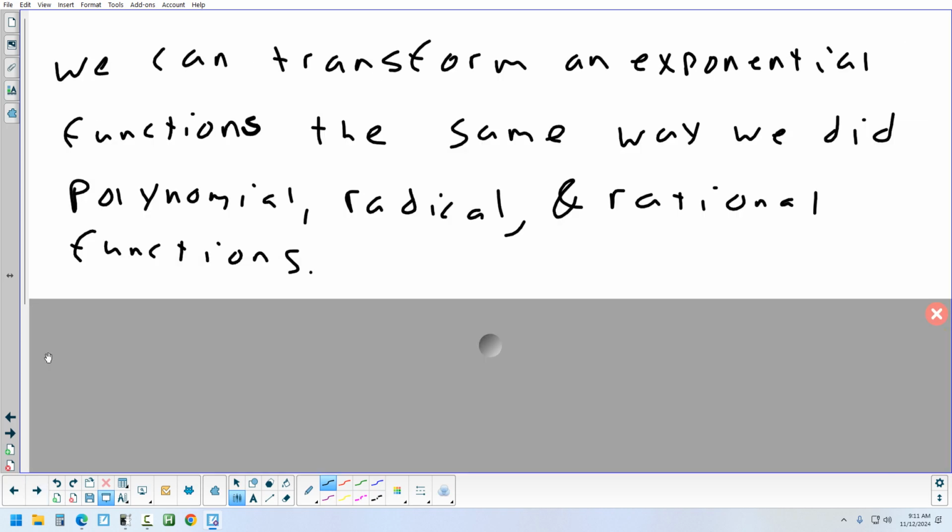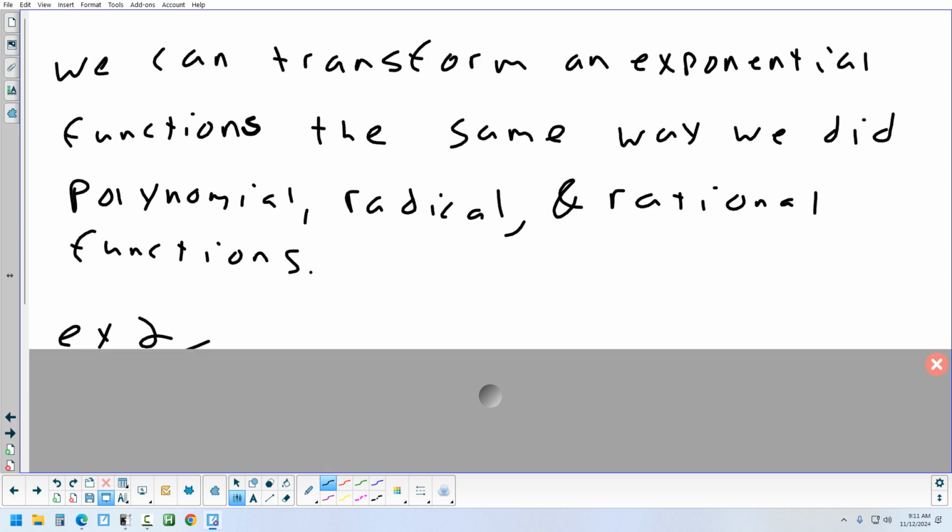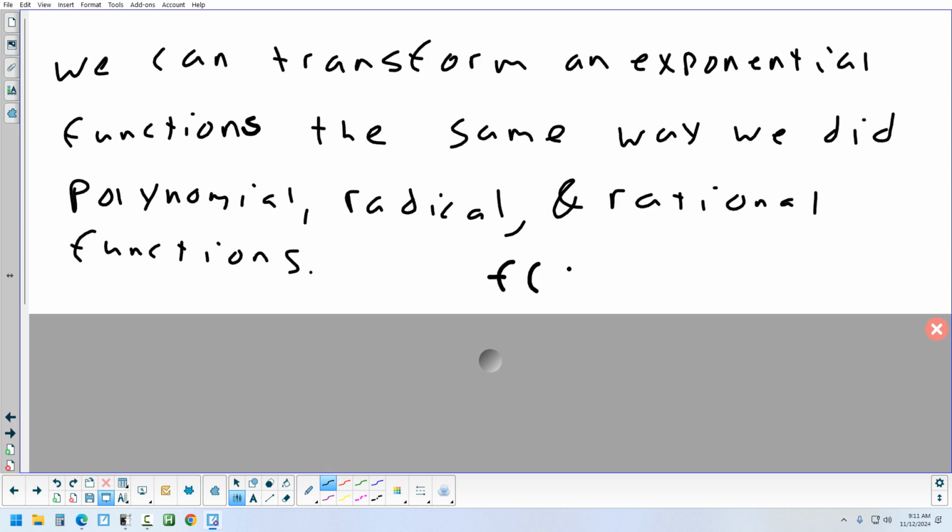All right, so transformations. The transformations on exponentials work exactly the same as transformations we've done on every function all year. So again, I'm not going to write down the whole chart. I'll put something up there and we can kind of go through it verbally. If you want to write anything down about it, feel free.